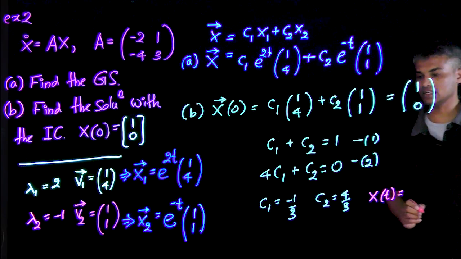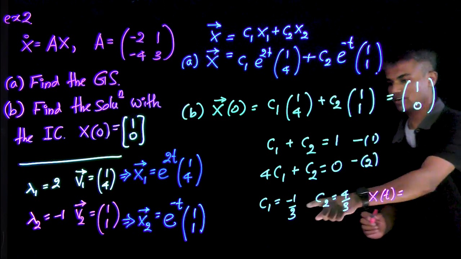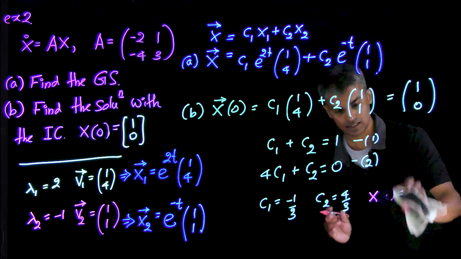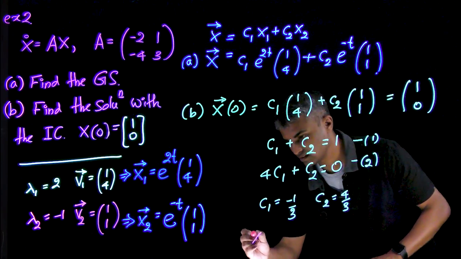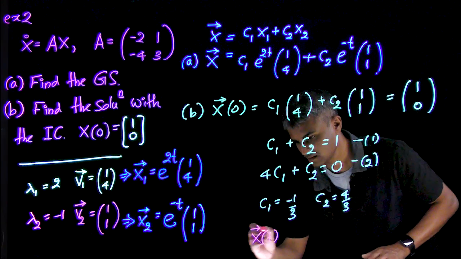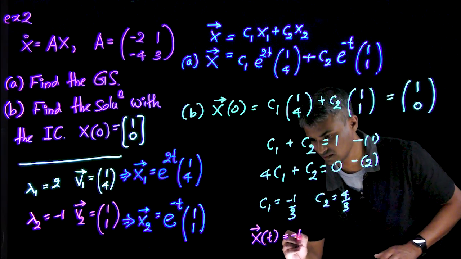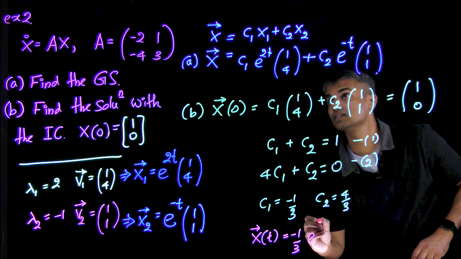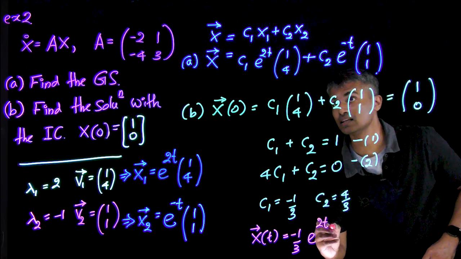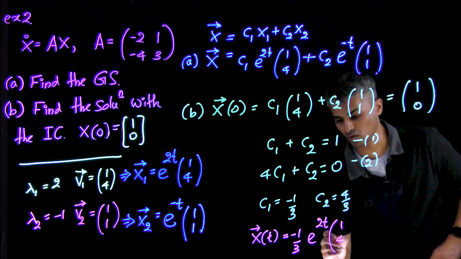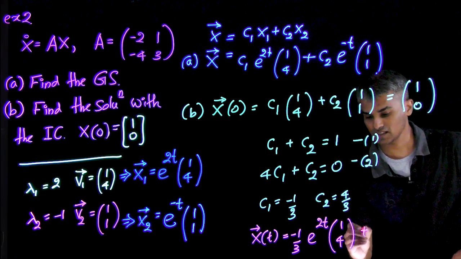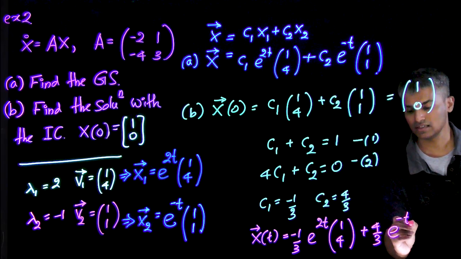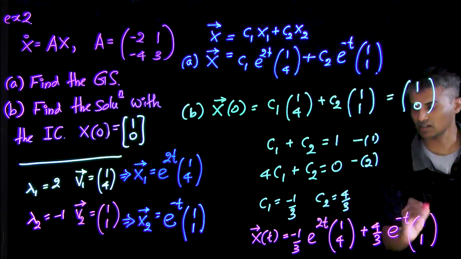So the solution that corresponds to this initial condition is, say, x of t equals c1, which is -1/3. I am going to write it here. -1/3 times e to the 2t times the vector (1, 4) plus 4/3 times e to the negative t times the vector (1, 1).